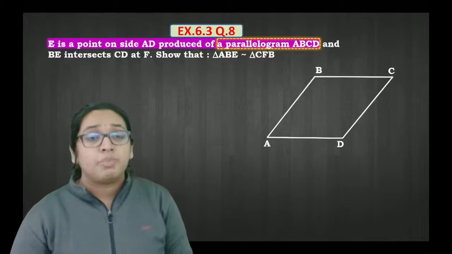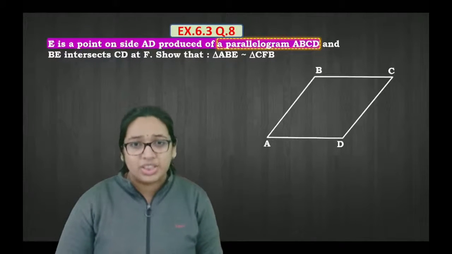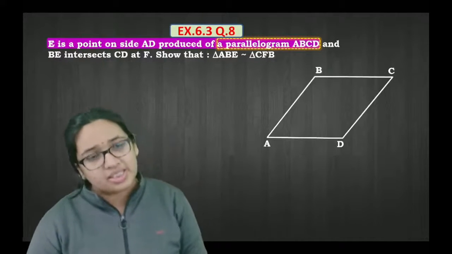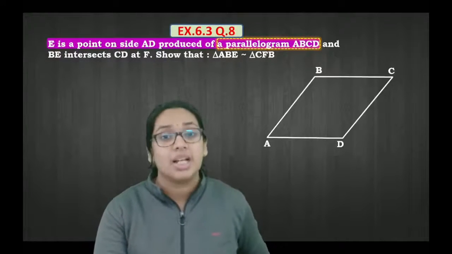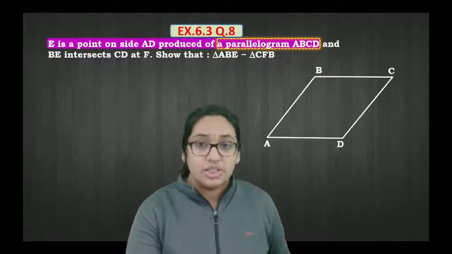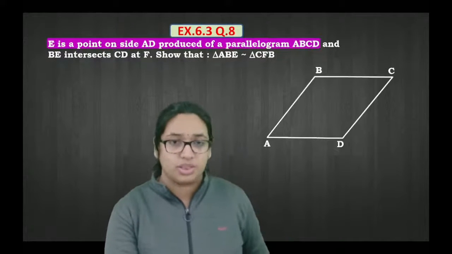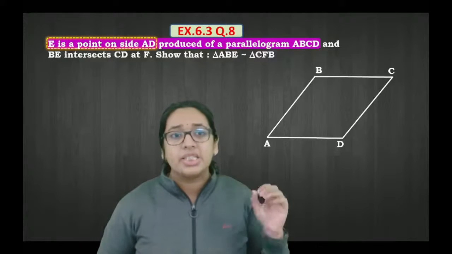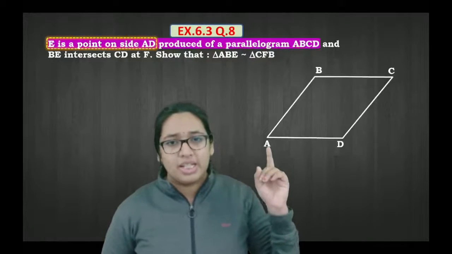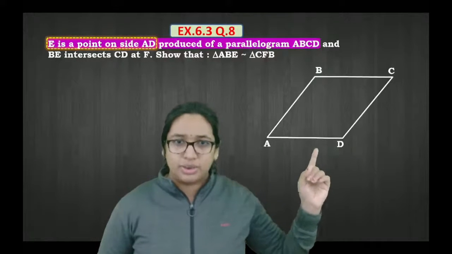Good. Parallelogram is nothing but we can say that opposite sides will be parallel, right? And opposite angles are of same measure. So we have to use this. Fine. So what is the case? E is a point on side AD. AD तो आप देख सकते हो, right?